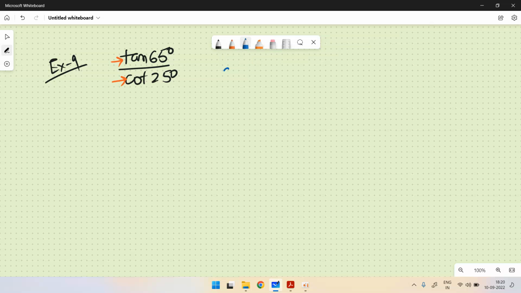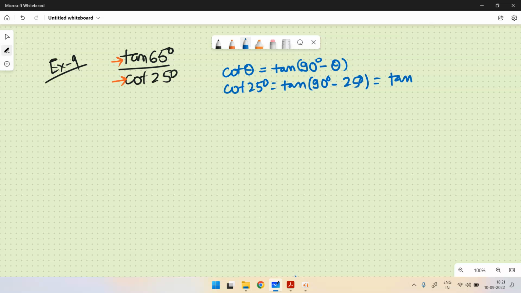You know that cot theta is nothing but tan of 90 minus theta. So if you substitute this value, cot 25 degree is tan of 90 degree minus 25 degree, which is tan 65 degree.